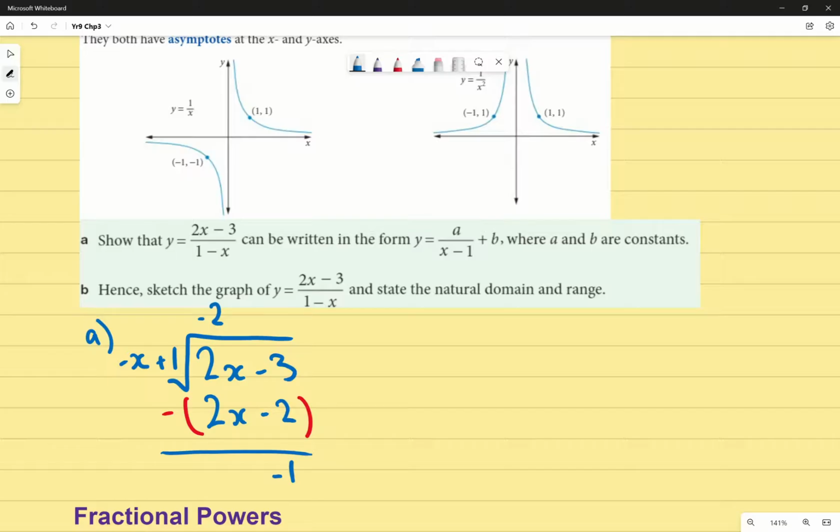So what we're going to do now is say that y equals 2x minus 3 over 1 minus x, which we know equals negative 2 plus, and instead of writing remainder negative 1, I'm going to write minus 1 over negative x plus 1.